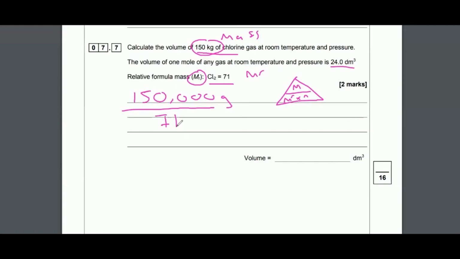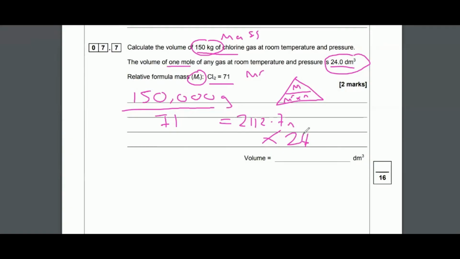So this is 2,112.67, and that's my moles. If I want, I could just leave it as 2,112.7 moles if I round it a bit. Now times that by 24, because each one of those moles takes up 24 liters of space. And that's going to be our answer.